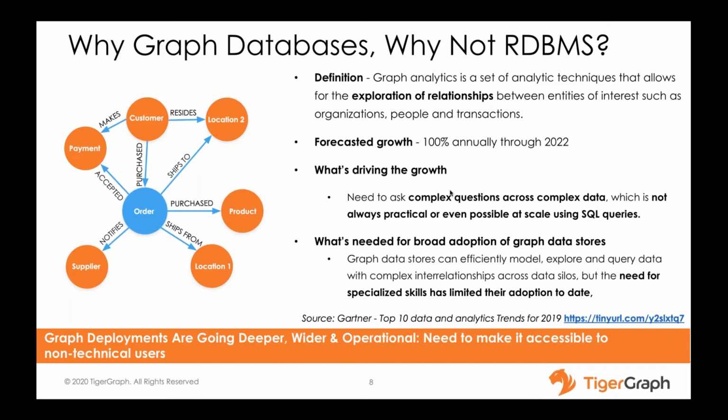And the reason for that is obvious, right? Because at scale, the SQL queries won't be able to support these complex use cases. So graph data stores, which efficiently model data and depict the complex interrelationships across data silos, can really help.